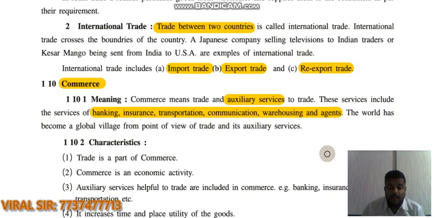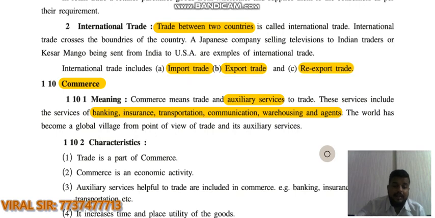The answer would be no. So all these services are auxiliary services. So commerce in total means more of a service sector, all of the services which are being provided to the business for running smoothly, growing, or expansion. Examples are banking, insurance, transportation, communication, warehousing, that is godown services, and agent services.